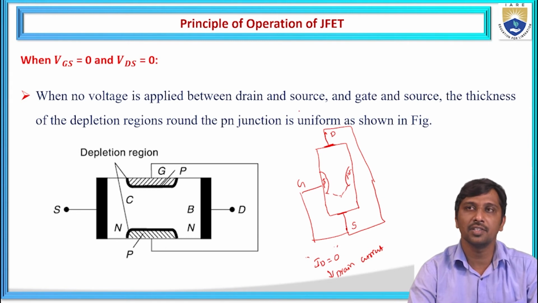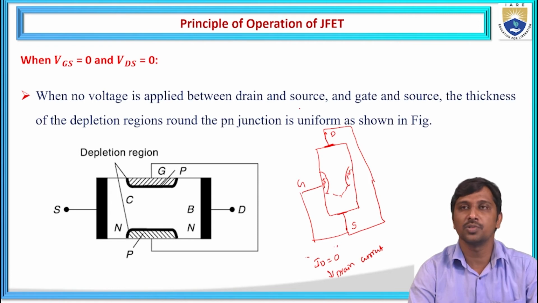Here the repelled charge carriers means the majority charge carriers, and based on this N-type silicon bar, the majority charge carriers are electrons, meaning none of the electrons is repelling from the source to drain, hence it does not allow the flow of conduction across the drain to source.